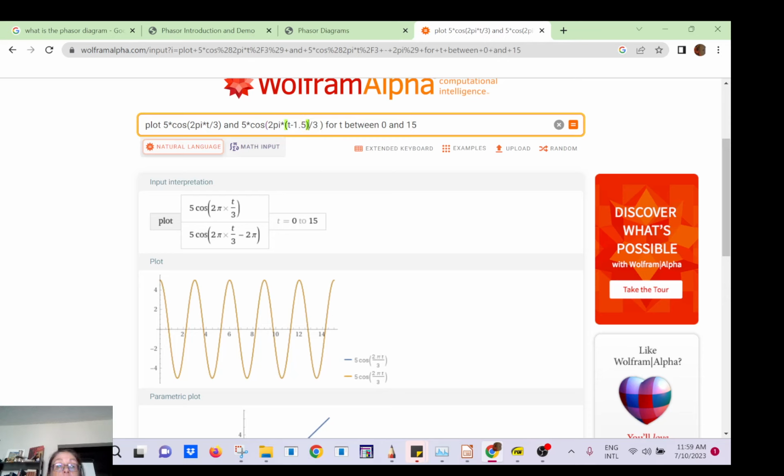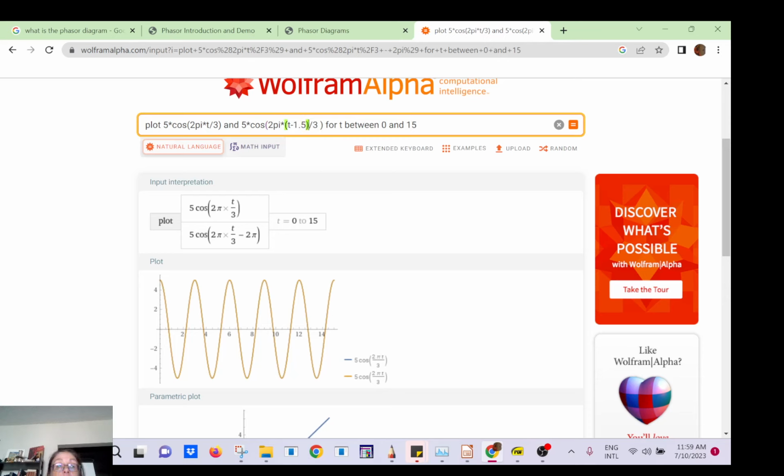Okay. So my original function is this one in blue, cosine. And now in orange, it's the same function, but it has been shifted to the right by half of a cycle. Okay, so when you do that, you get the same function but with a minus, right?